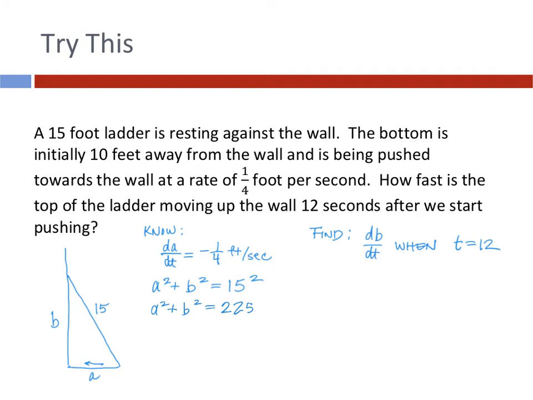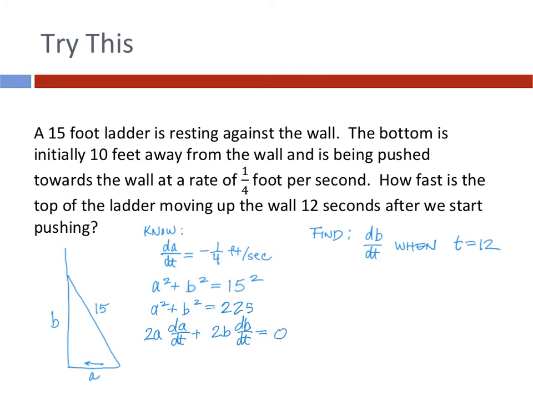Now it's just a matter of taking the derivative of this with respect to t. The derivative of a squared is 2a dA over dt, plus the derivative of b squared is 2b dB over dt, and that's equal to the derivative of 225, which is just 0, isn't it?